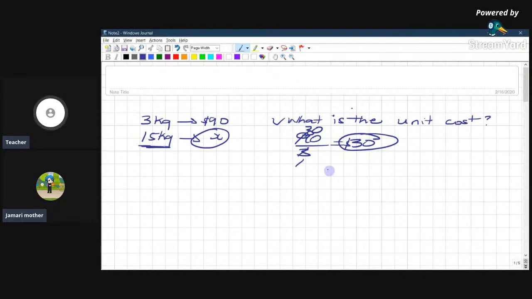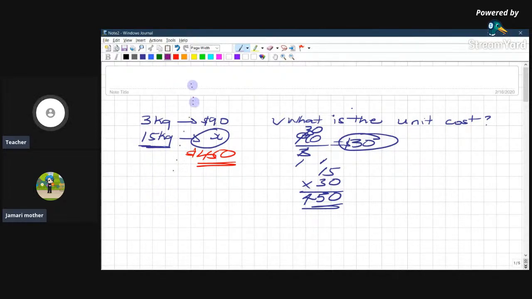So we could say our 15 like so and multiply it by 30. 0 here as our placeholder. 3 fives would be what? 15, right? 5 and carry 1, 3 ones 3 and 1 is 4. So our 15 kilograms should cost what? $450.